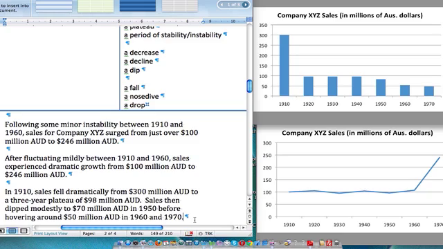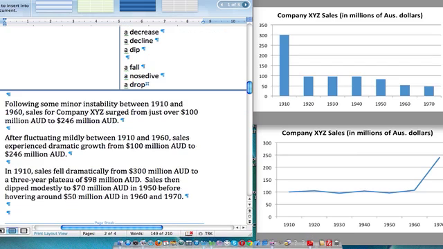Now we could try a different way to explain what's going on here. So perhaps something like in 1910, let's use our word plummeted, because I have a feeling that might be a new word for some people. Sales plummeted from 300 million AUD.